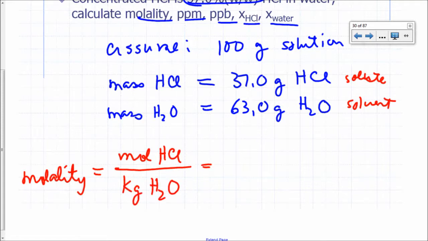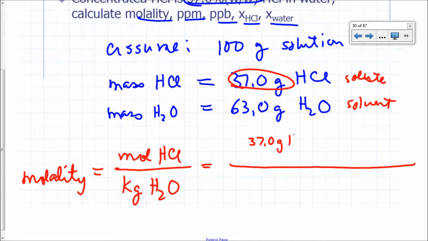Okay, can we calculate moles of HCl? How do you change 37 grams to moles? 37.0 grams HCl. Change it to moles. 1 mole HCl is how many grams?